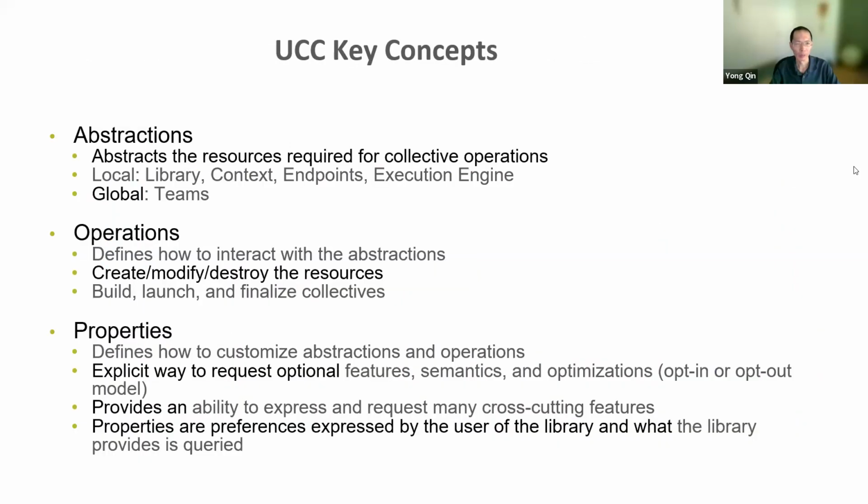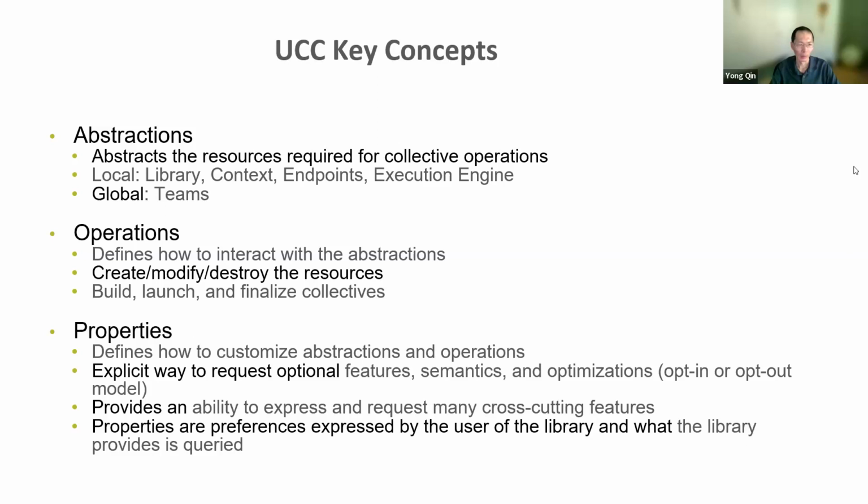So briefly talking about some of the UCC key concepts, it has some abstractions such as library, context, endpoints, execution engines. And then one of the most important global abstractions is teams. So this is basically the communication groups, or within the MPI world, we typically call them communicators.